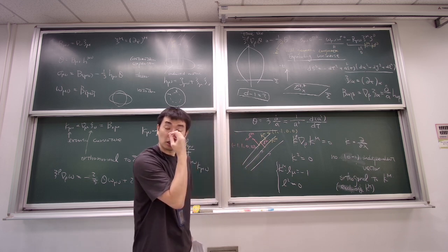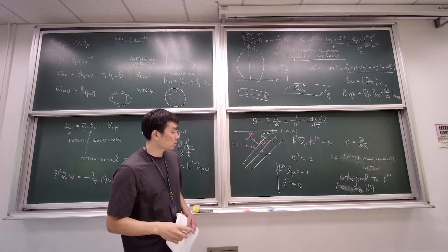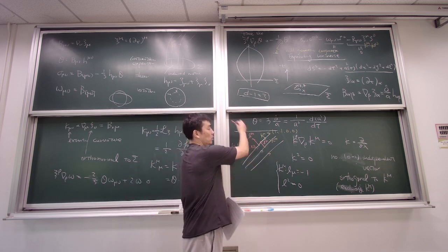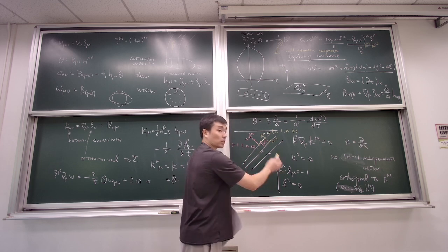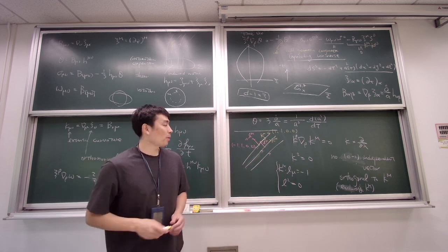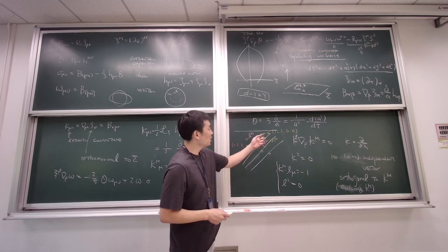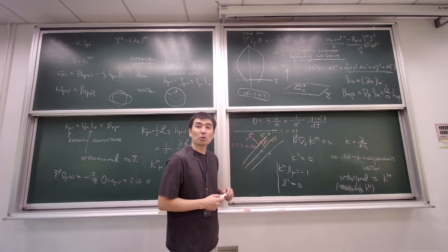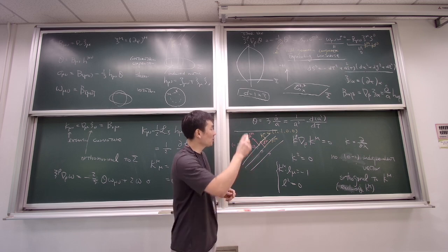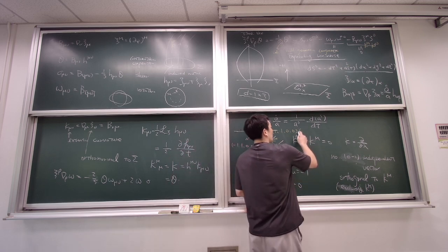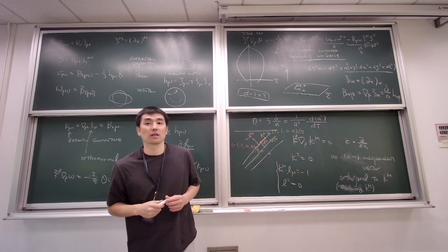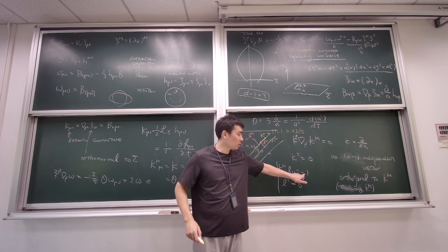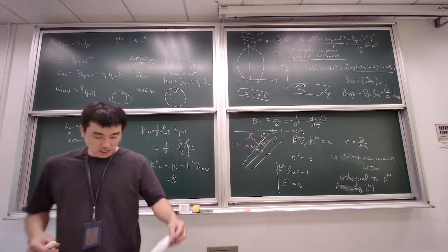Then it's null itself, but if you contract with k, you get minus 2. So you have to appropriately normalize, say with a square root of 2, maybe something like that. If you have 1 and minus 1, it's just normalization.